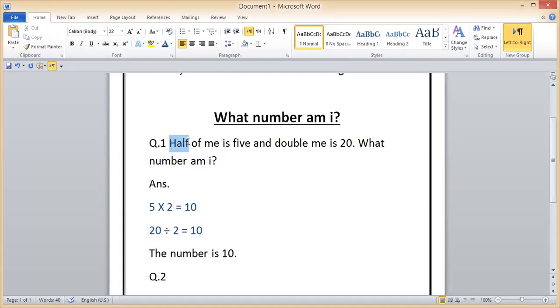So you write 5, and you find out the double of 5, that is 10. In another way, double of me is 20, so find out half of 20. So write 20 divided by 2. In that way also you will get 10. Clear?